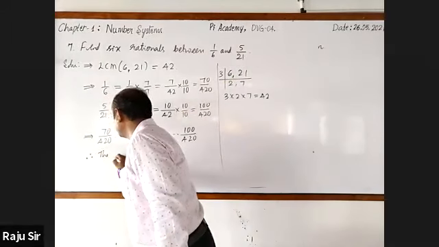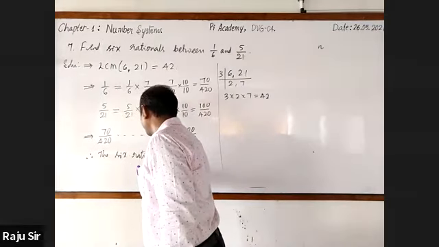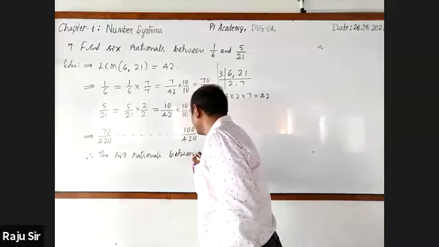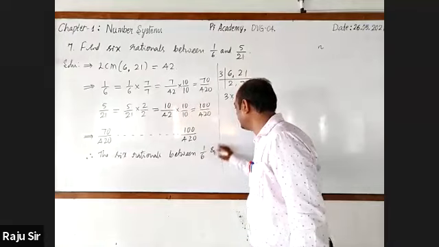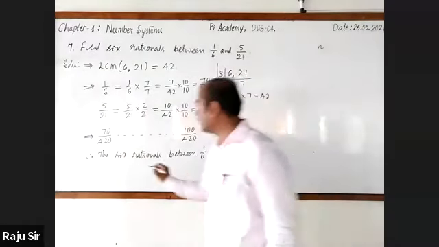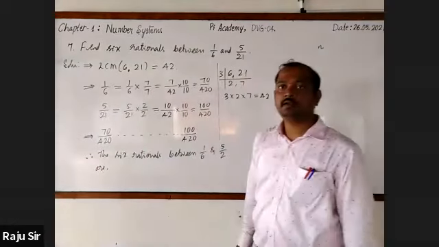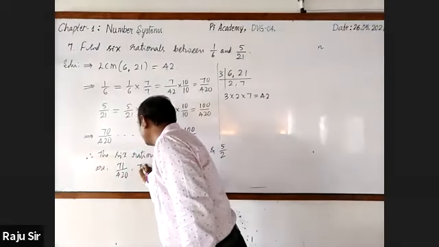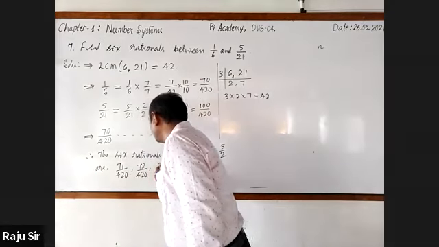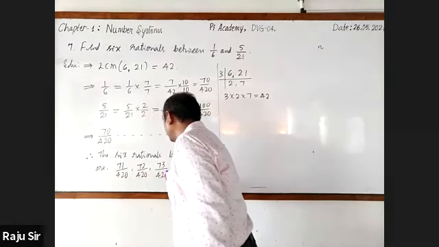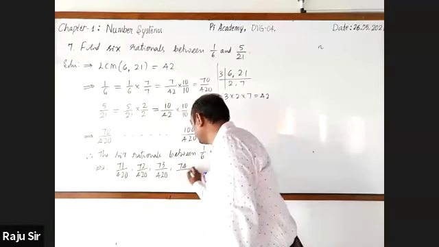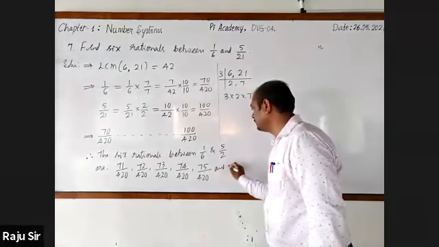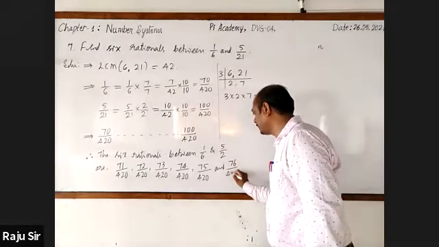Therefore, the 6 rationals between 1 by 6 and 5 by 21 are 71 by 420, 72 by 420, 73 by 420, 74 by 420, 75 by 420, and 76 by 420.